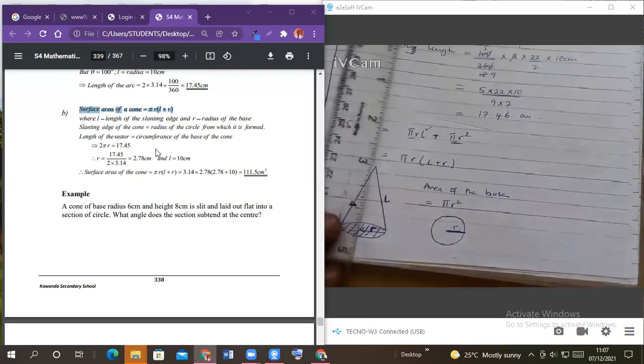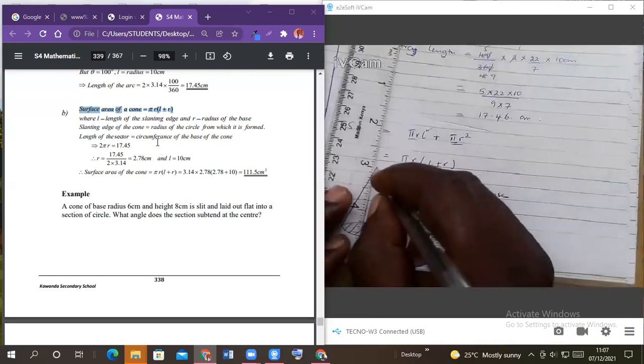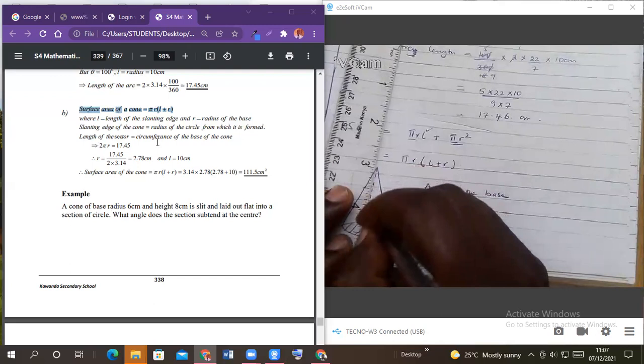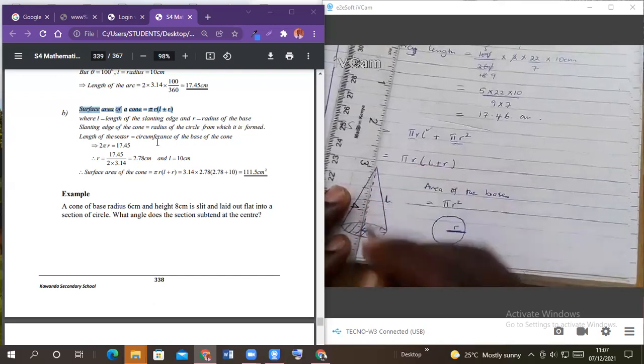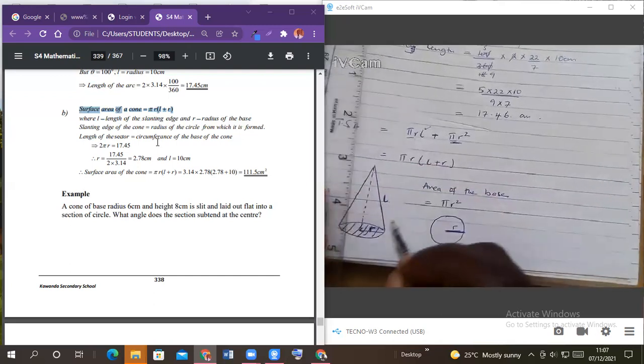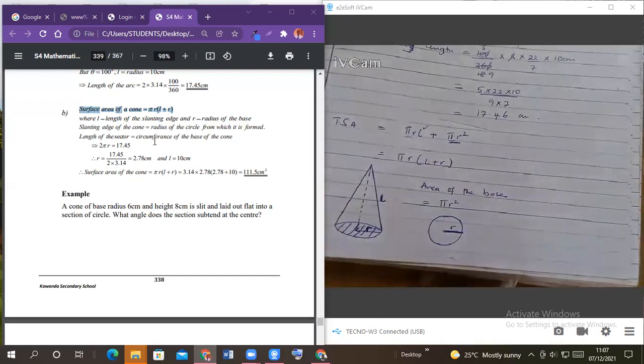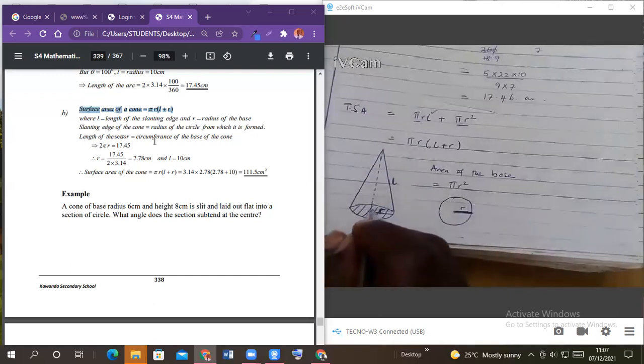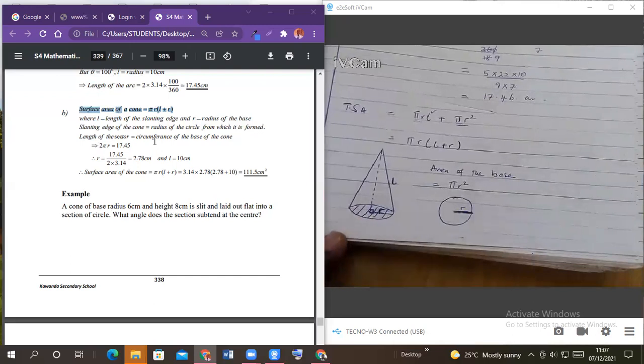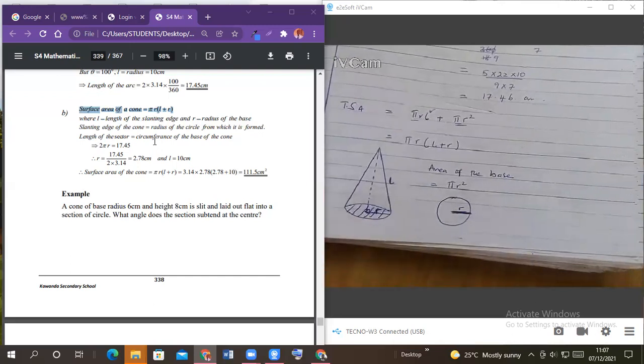So what should we do? I want to show you that this is the cone we are talking about. Here there is a radius that we need to find. How do we find the radius?